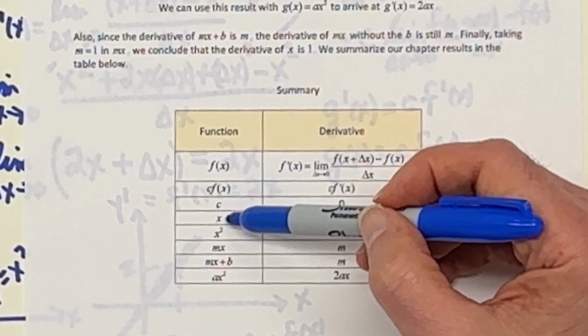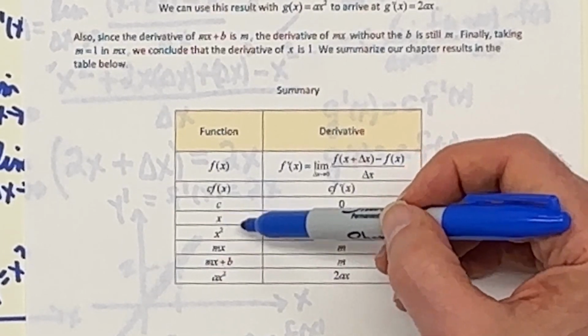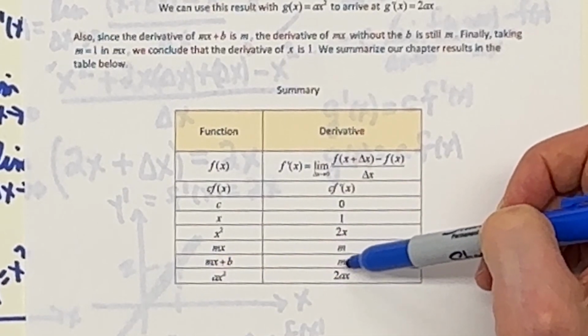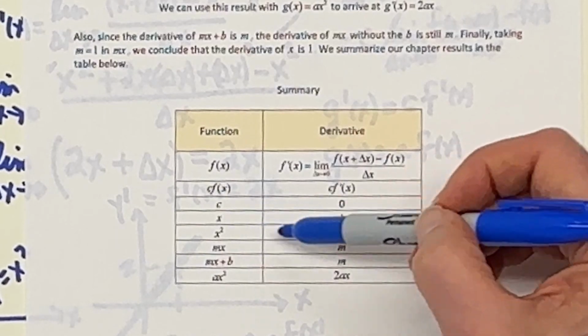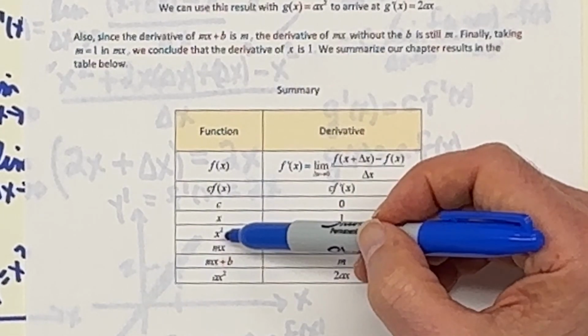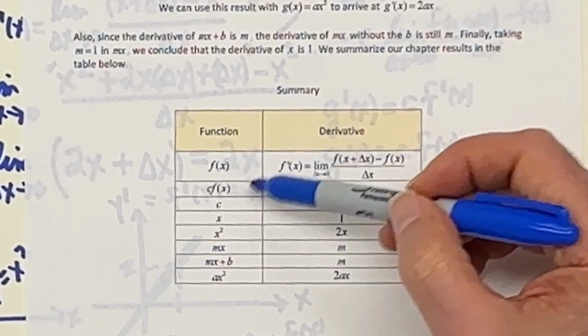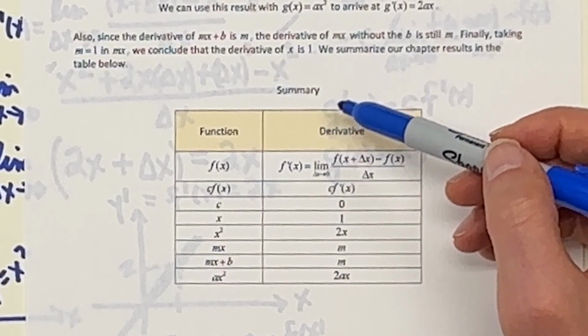And then if it's x, well, we did this one here, mx plus b, where the slope is m, but if you just pick x, that's b equal to 0, then x would get you to 1. And then x squared, we did, that's 2x. mx, we did that. So this is a nice little summary of important results that we'll be building on as we go.